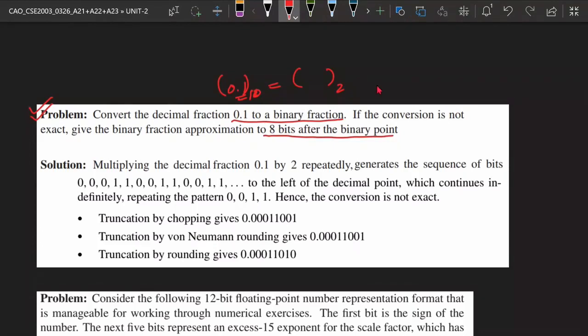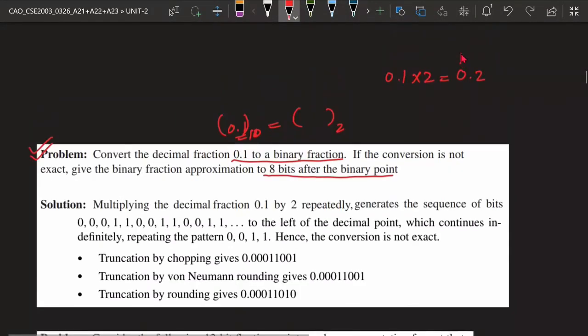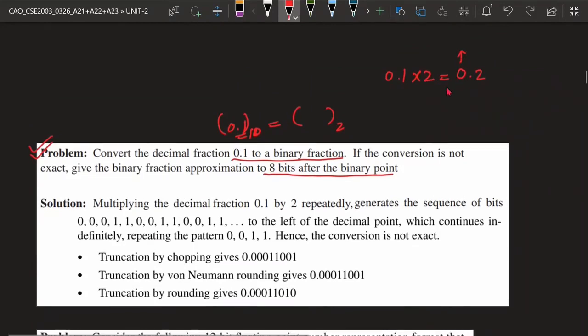So the basic method to convert a decimal number into binary is, whatever the decimal number is, we will be multiplying it with 2, and then we will see the result. So the output will be 0.2. After multiplying, whatever the integer part is, that we will be considering. So here the integer part is 0, so 0 will be considered.